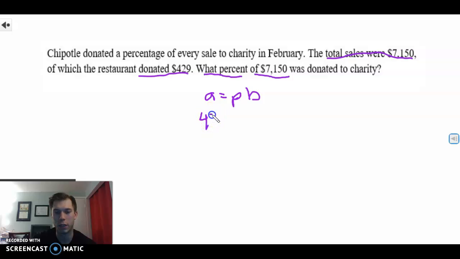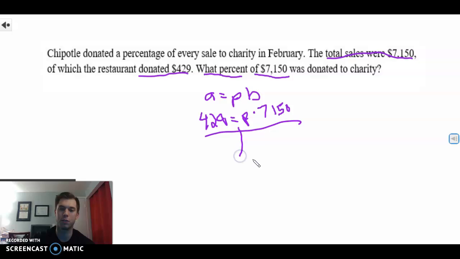So 429 is going to be your part, or your A. You're looking for the percent P, which is going to be multiplied by the whole, 7,150. All right, you set up your T-chart. To undo multiplication, you would need to use division, and you're going to divide by the same number on both sides.